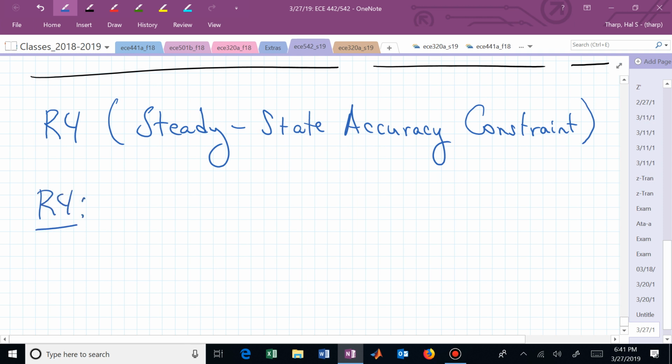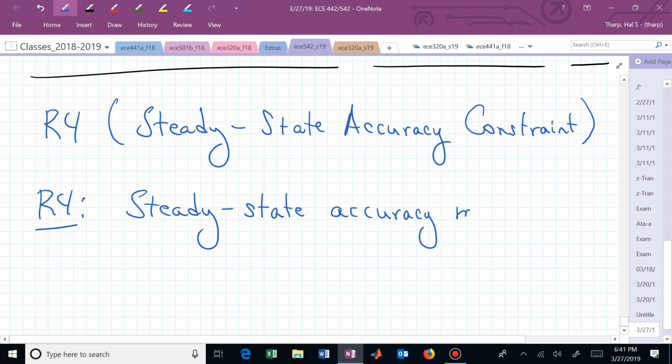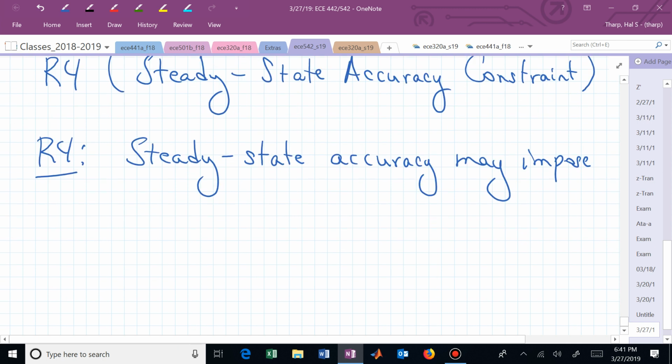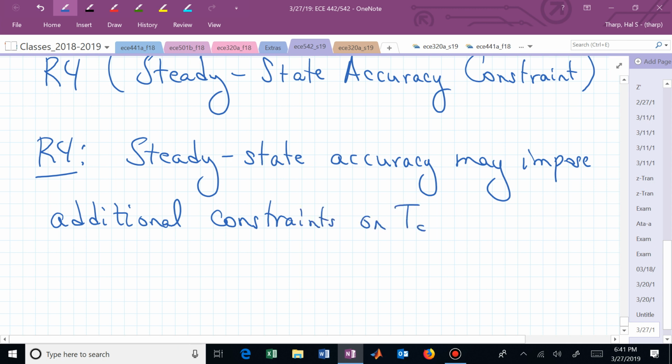Restriction 4 might say that we want steady state accuracy, which may impose additional constraints on T sub C of Z as Z goes to 1.